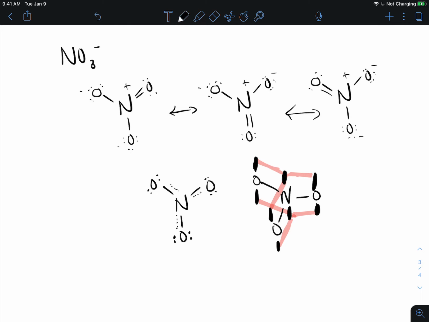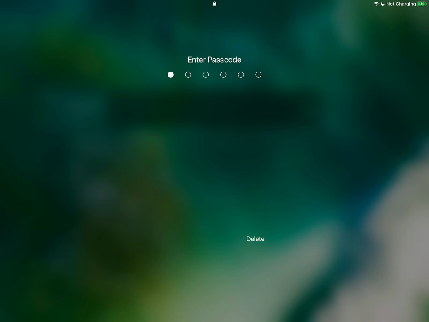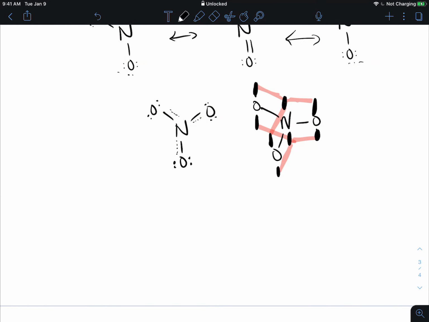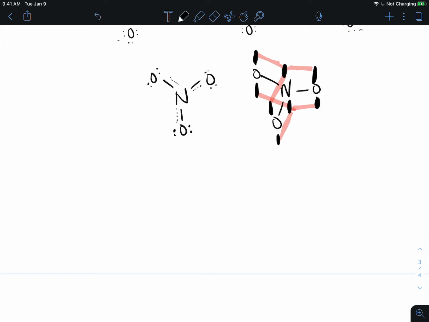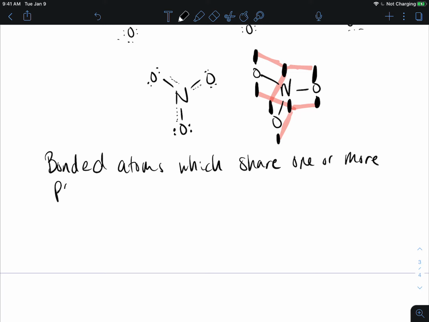so just some concluding notes about our sigma and pi bonding. When we have bonded atoms that share one or more pairs of electrons, we have a sigma or pi bond. So our bottom atoms would share one or more pairs of electrons.